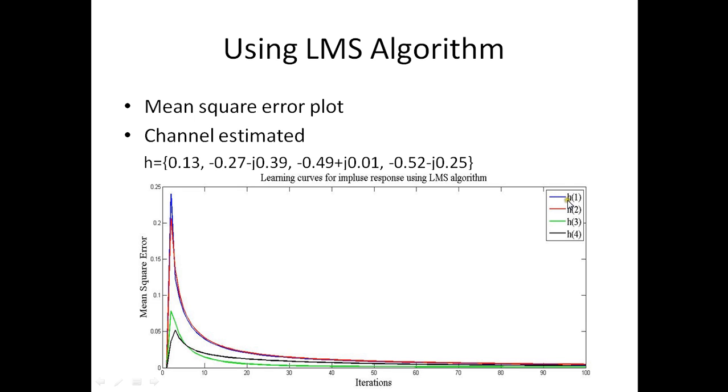That is, h of 1 follows this mean square error plot, h of 2 is given by the red curve, h of 3 is given by the green curve, h of 4 is given by the black curve. All of them seem to converge to a stable point, and the final estimate of the channel obtained is 0.13 minus 0.27 minus j 0.39 minus 0.49 plus j 0.01 minus 0.52 minus j 0.25.